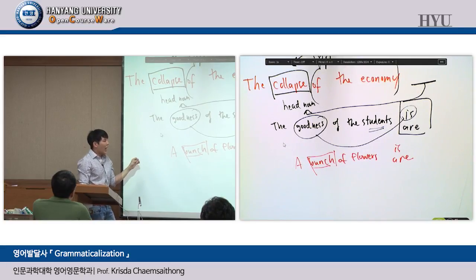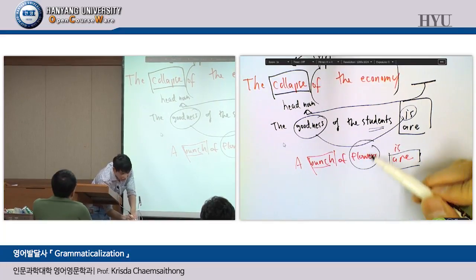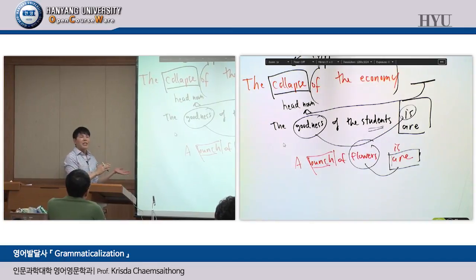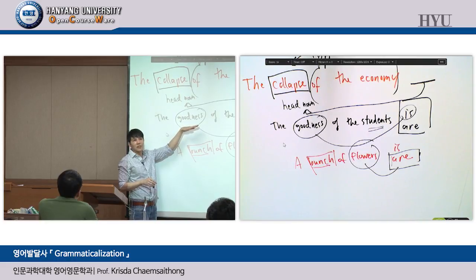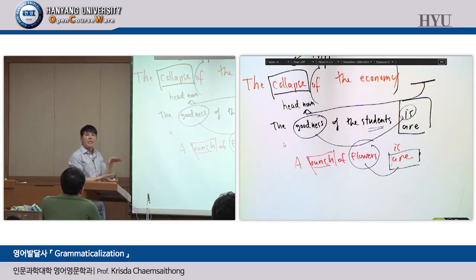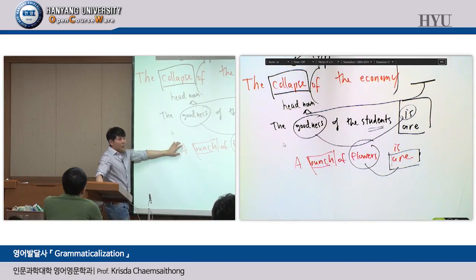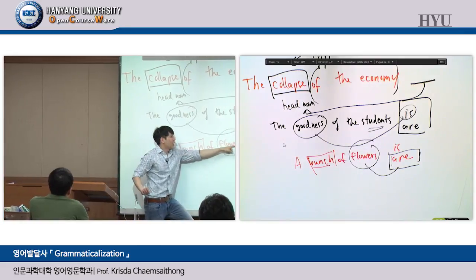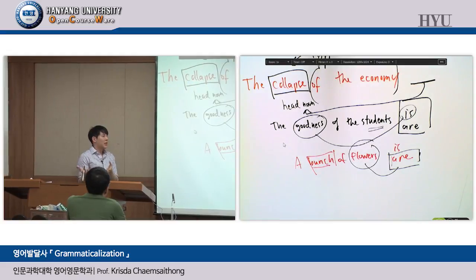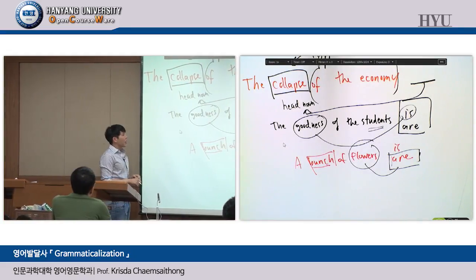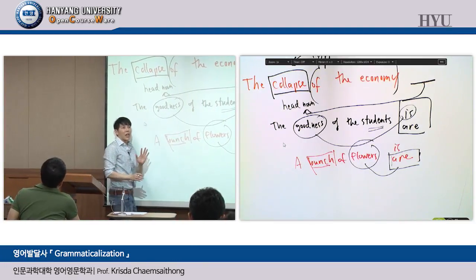However, most people would select "are" to go with flowers rather than bunch. But why? In the case of "the goodness of the students," it's "is." So there is a discrepancy here that we have to explain. Most people would use "are" to agree with flowers, because flowers is a plural noun. However, in goodness, we use "is," not "are," according to goodness, not the students.